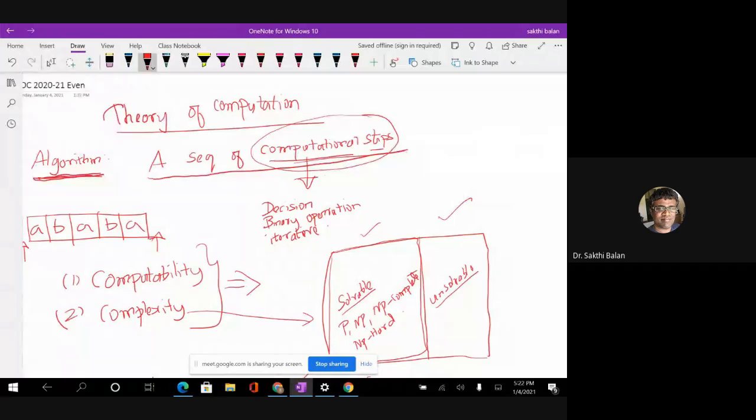So an algorithm is nothing but a sequence of computational steps. It is not only steps, there is an adjective which says that it is a computational step. So what do you mean by computation here? The computation is the one which relates this to computer science. We are all computer science engineers, so you need to know what we mean by computation here.